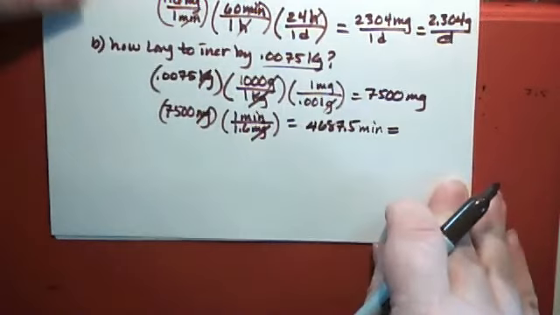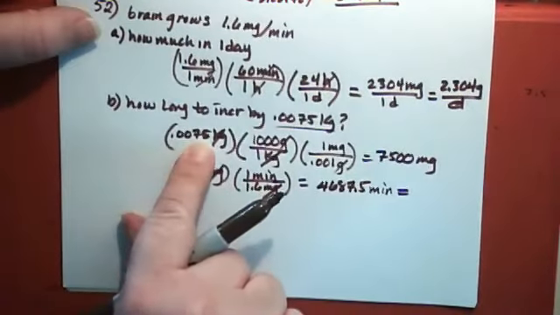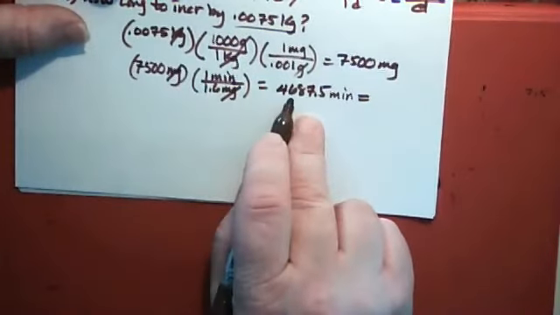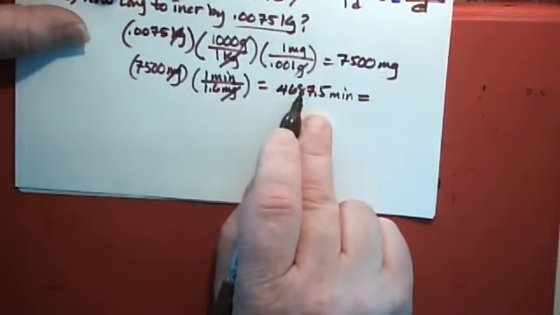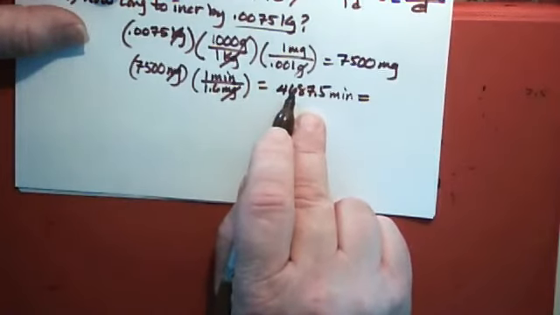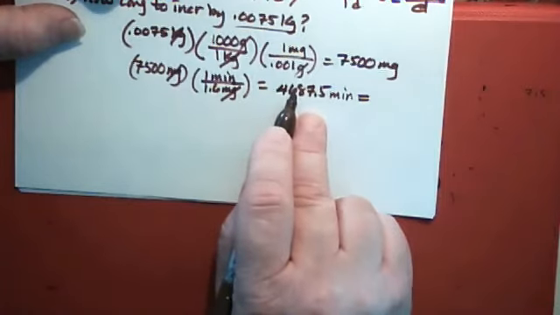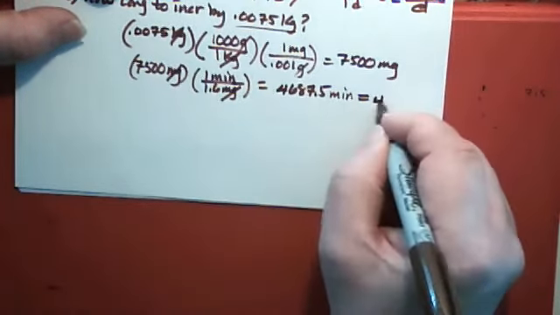For significant figures' sake, 0.0075 was only 2, as was the 1.6. So we should round this off to 4,700. Remember, the first two digits can stay, but everything from the 8 on has to go. Since 8 is greater than 5, the number before it has to go up by 1, so that's 47.